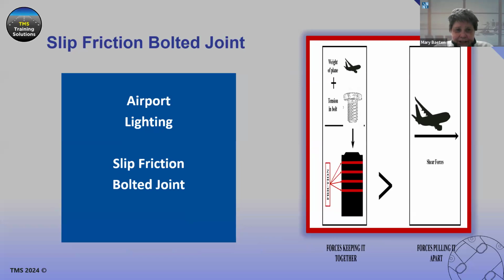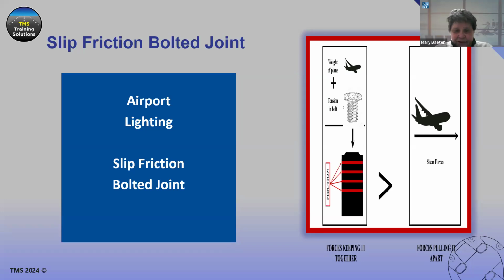Again, this is the airfield lighting slip friction bolted joint. The horizontal forces are the plane landing, which can land, brake, turn, all of that on top of a light fixture. That's the worst case scenario. On the left-hand side, we show the forces keeping it together. Each of those red lines that you see in that deep base can represents a vane surface, and that's where we need to create all the friction.